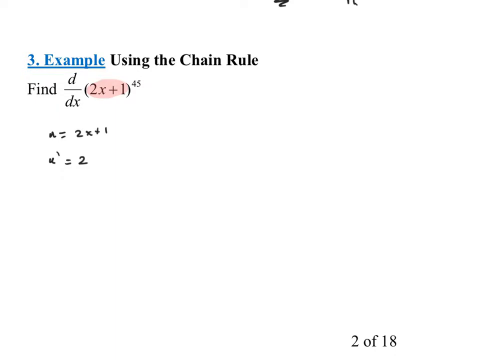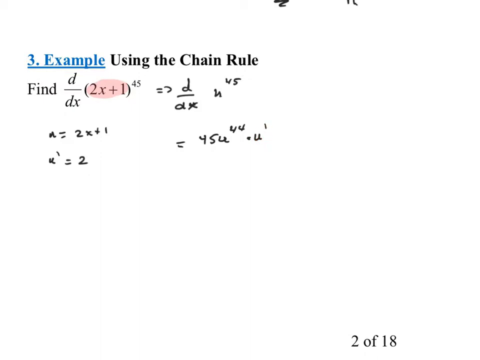2. All right? So this is the derivative with respect to x of now u to the 45th, which would be 45u to the 44th, but then you have to remember to multiply it times u prime. So anytime your variables do not match, here's an x and here's a u, you need to put the u prime there.